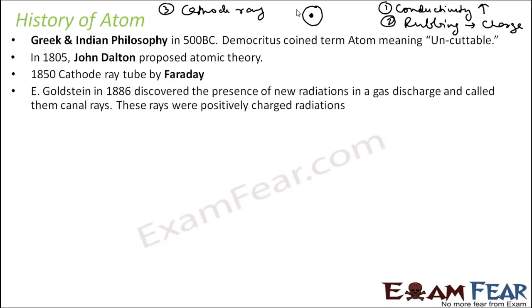So in 1886, this guy Goldstein, who was German, discovered the presence of new radiation in the gas discharge, and he called them canal rays. Canal rays are positively charged radiation. So the cathode rays were negatively charged, and this is positive charge.